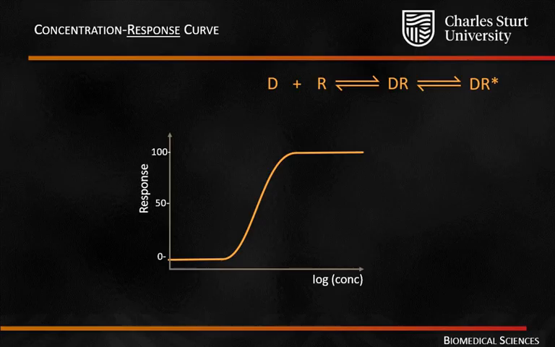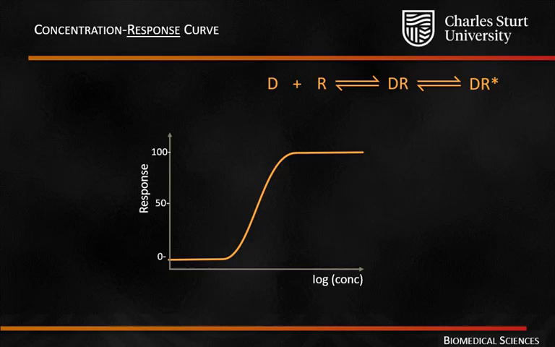So another way of looking at the relationships between the concentration or the dose of the drug is to look at its response and that relationship there. So the curve looks very similar, but the kinetics that we looked at previously only went so far. They looked at the drug and the receptor binding to each other, but that's as far as it went.